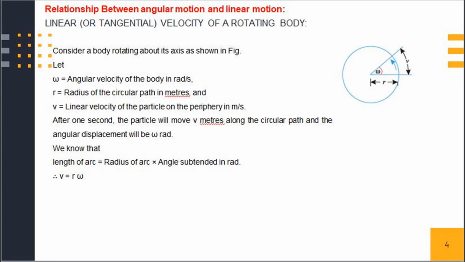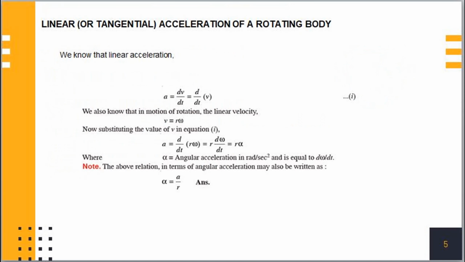After 1 second, the particle will move v meters along the circular path and the angular displacement will be omega radians. We know that length of arc is equal to radius of arc into angle subtended in radian. Therefore, we get v is equal to r into omega.